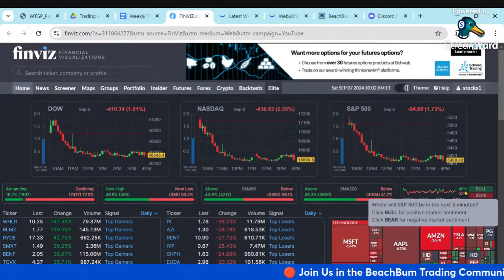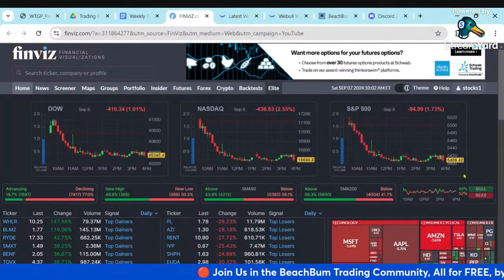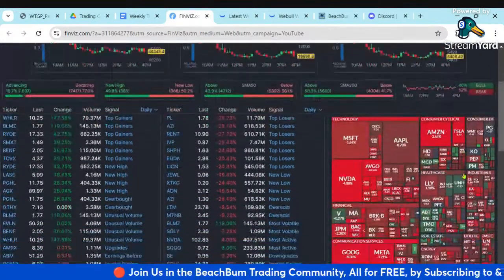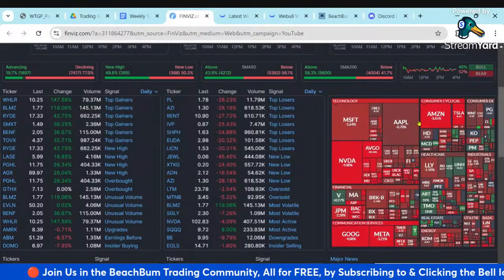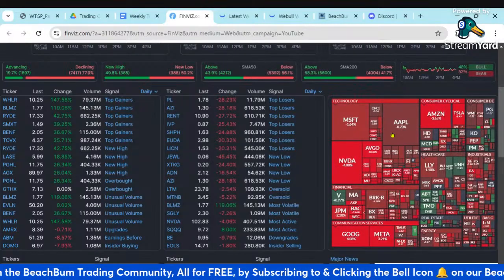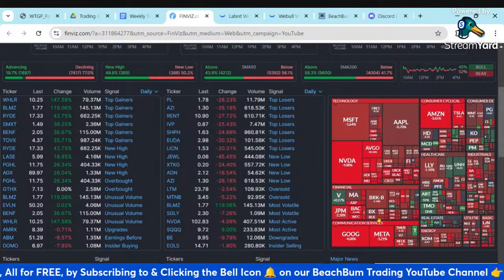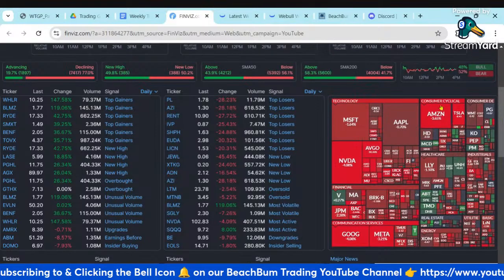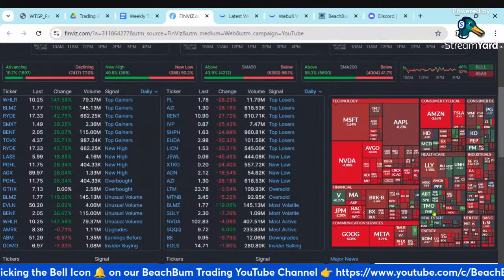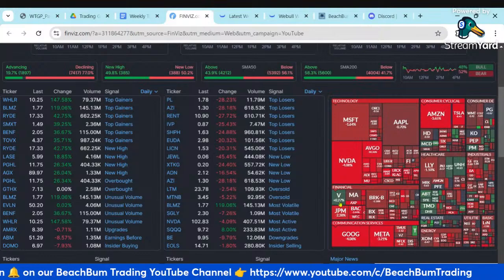So although this shows just slightly bearish, it was a pretty bearish day. See the heat map, almost all red, Mag 7s heavily red. Semiconductors took a big hit. Most of all the Mag 7s deeply red, Tesla, etc. Just a few in healthcare green, and Verizon.